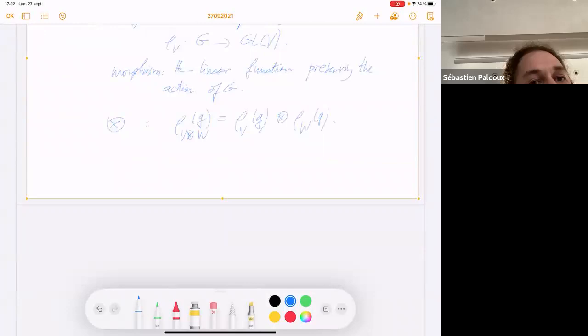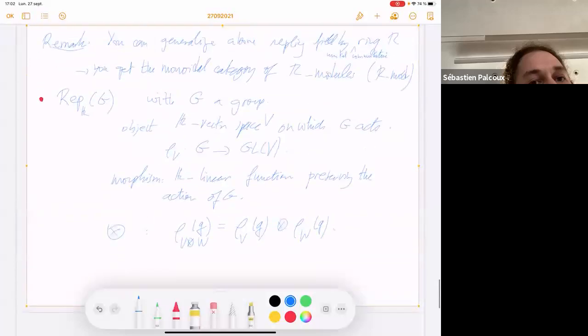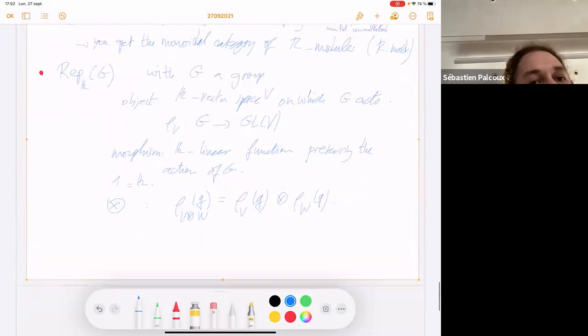And of course the unit object 1 is equal to K.